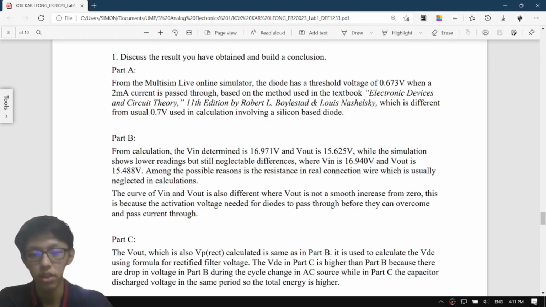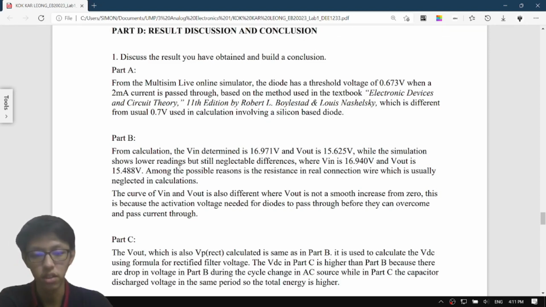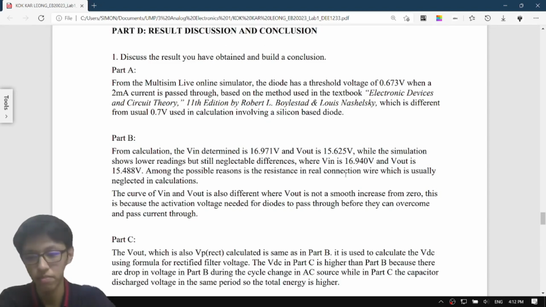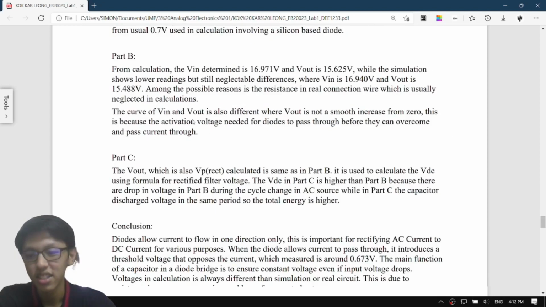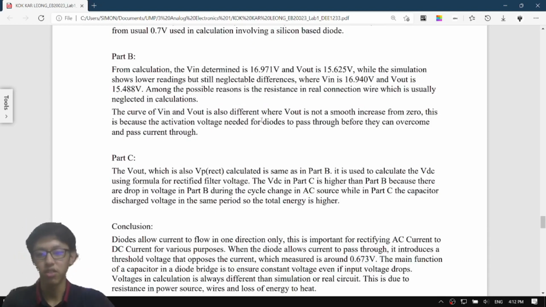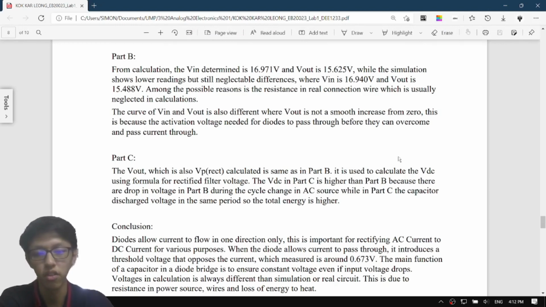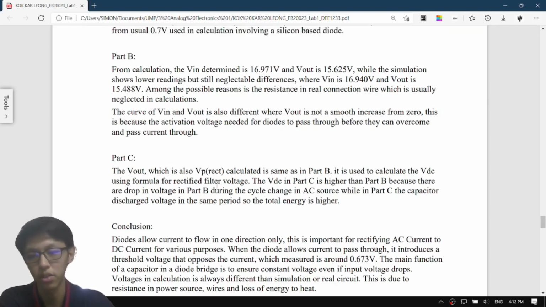Among the possible reasons is the resistance in the real connection wire, which is usually neglected in calculation. The curves of Vin and Vout are also different, where Vout does not increase smoothly from 0. This is because of the activation voltage needed for diodes before they can overcome it and pass current through.